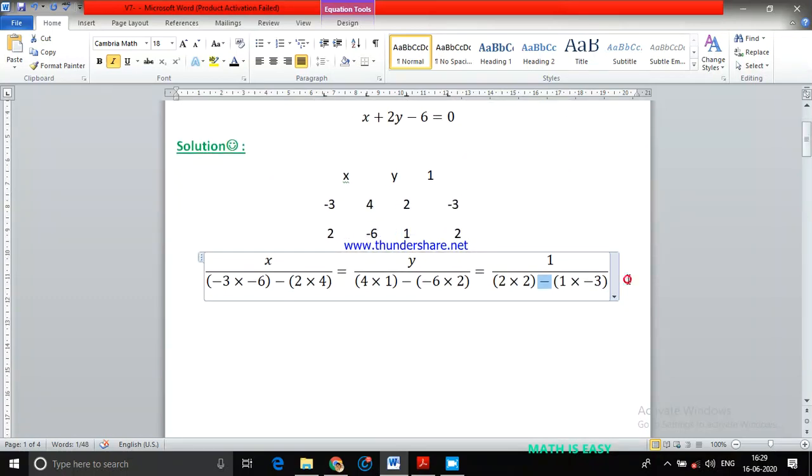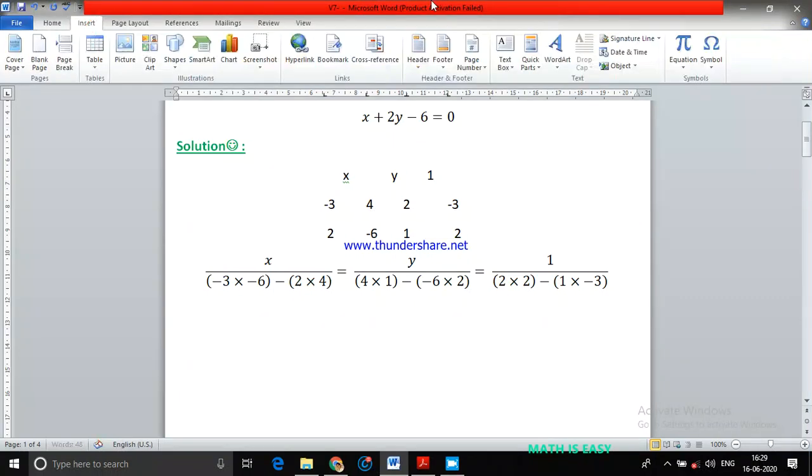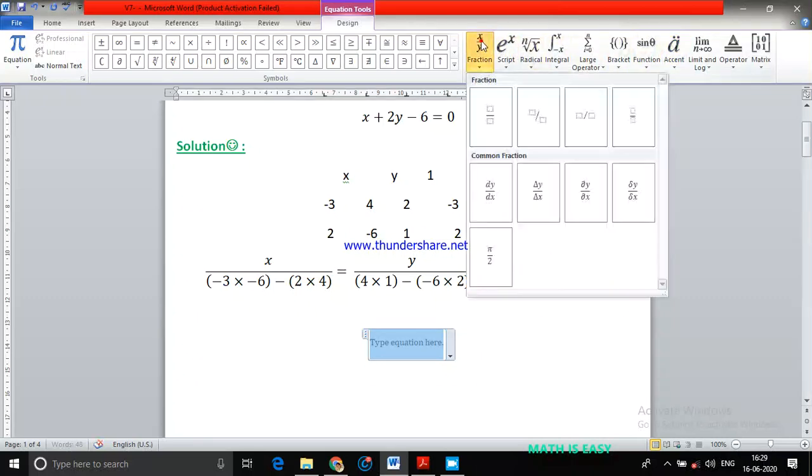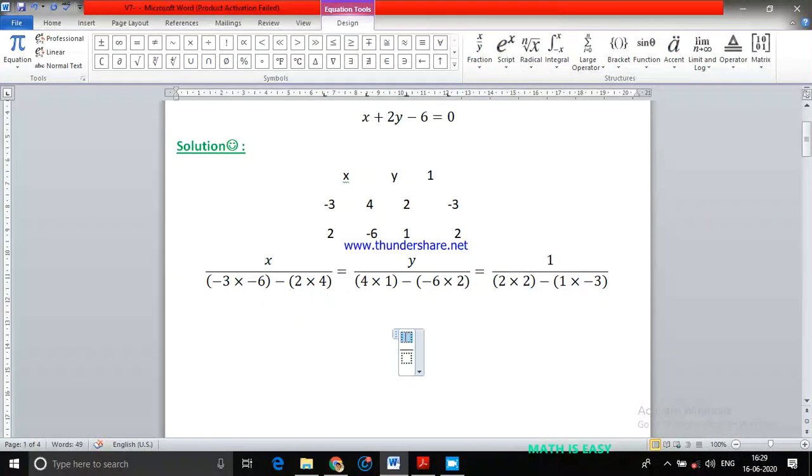So now for the next step, let me insert the equation and see what other terms can be simplified. So x upon, what do you get here? If I simplify this denominator term, minus 3 into minus 6 is 18, 2 into 4 is 8. So 18 minus 8 is 10.